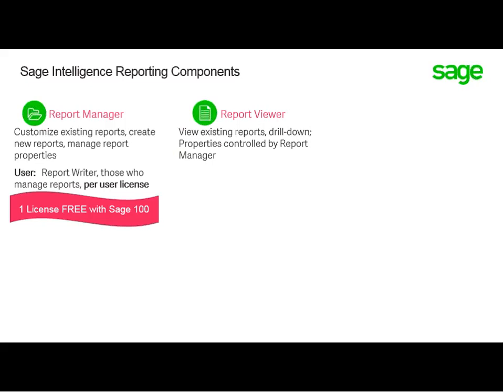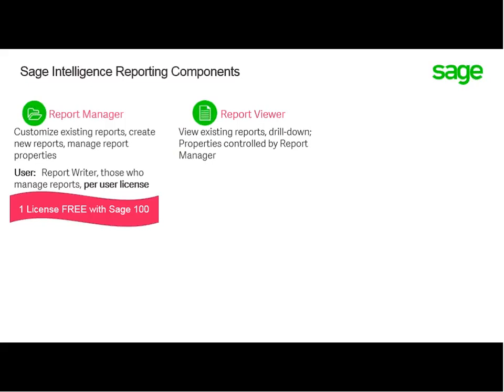So the Report Viewer, that is an additional module, and that enables the user to view your reports. You can run them all out, all right? So you can run reports from Report Manager and from Report Viewer. The difference is that the person that runs Report Viewer can't make any changes or save any of the changes back to Report Manager, okay? They can only run the report.